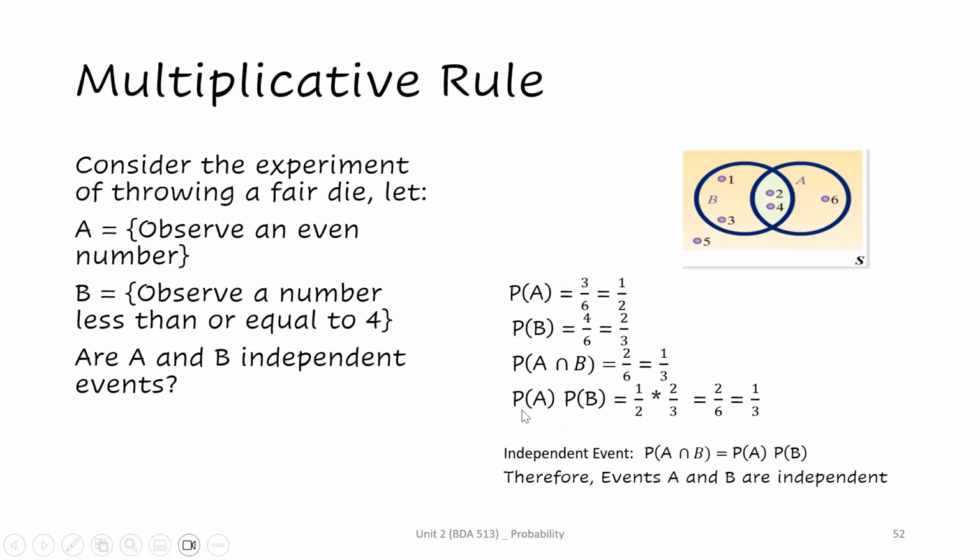When we multiplied, A was half, multiplied by B, which is 2/3, which also gave us 1 over 3. So the probability of A times B is 1/3, and the probability of the intersection of A and B is also 1/3, which means that A and B are independent because they are equal.